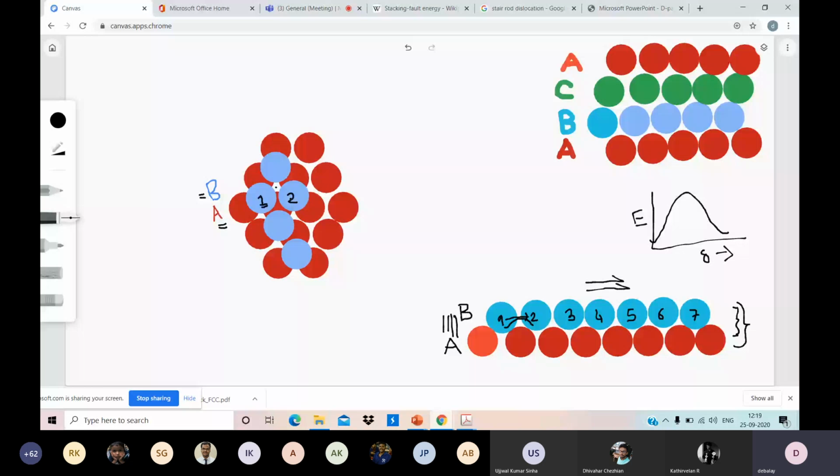You have to push atom number 1 to lift it up on top of atom number 0, and then it will drop. So for that you need a maximum stress. The energy barrier, the stress barrier, will be there.